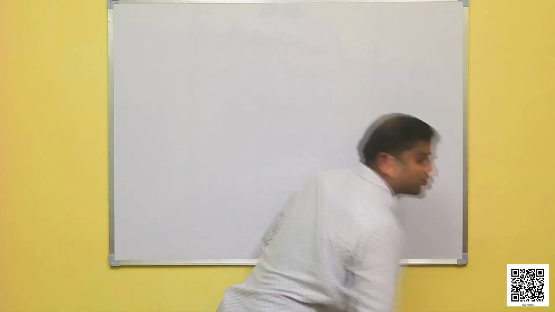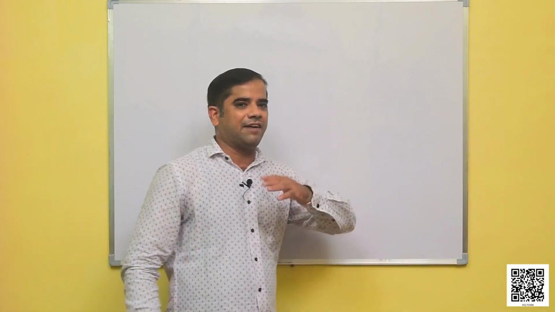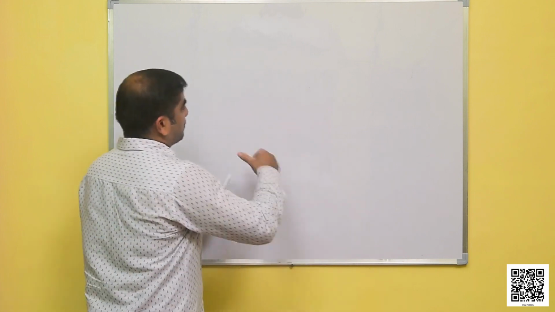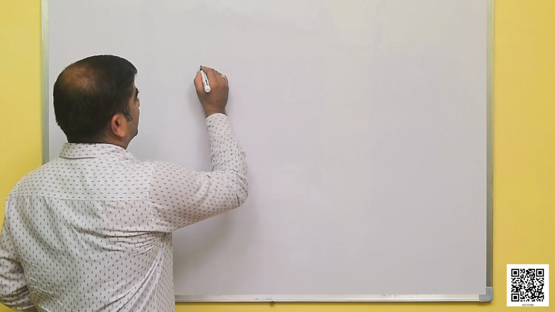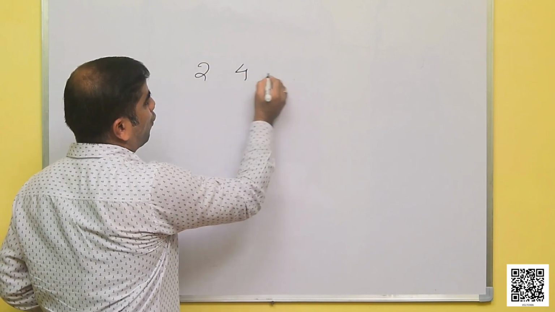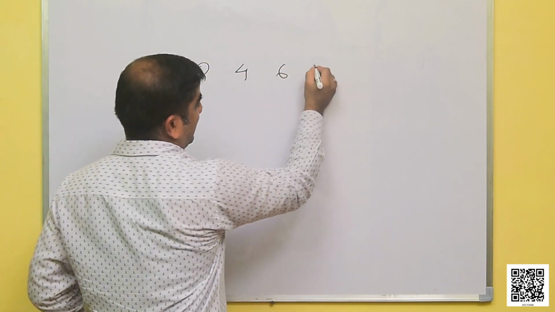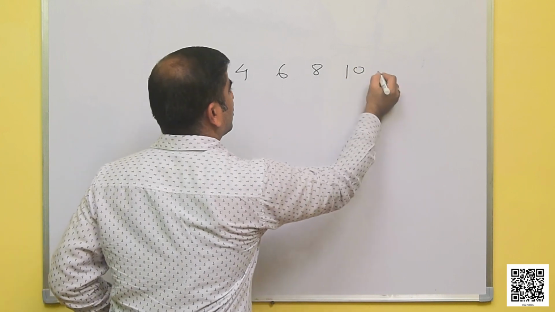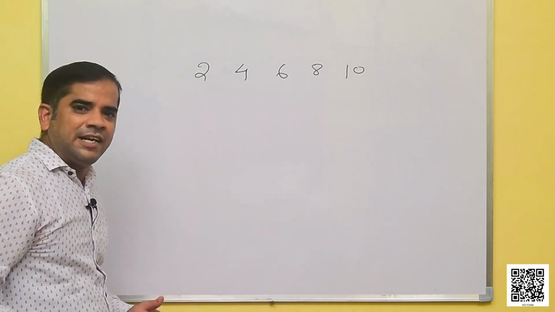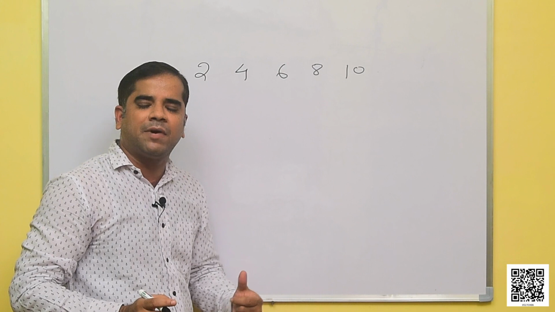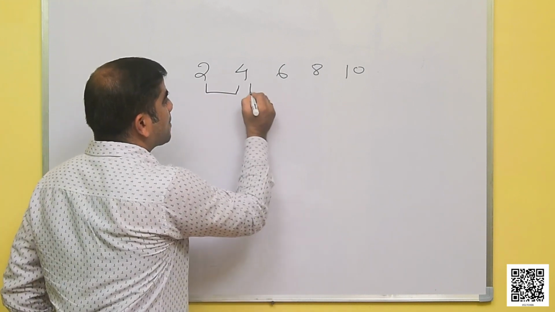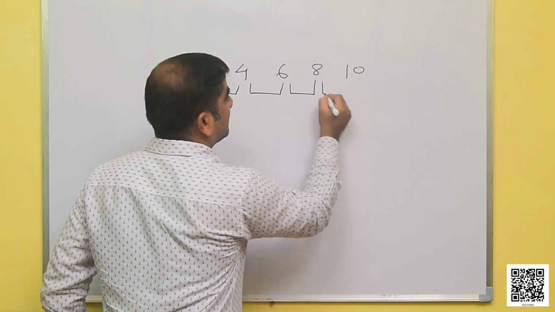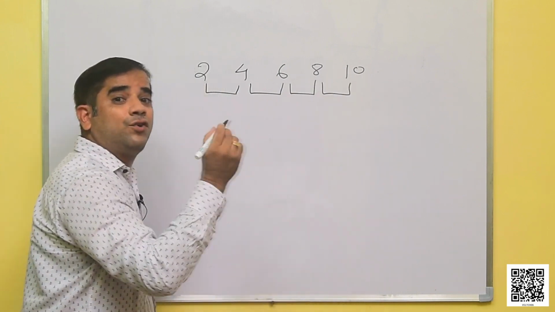So what is happening actually in case of multiples and factors? Let's check. See, I am writing down the multiples of 2 first: 2, 4, 6, 8, 10. Can you find a series? Can you find the relationship between all these numbers? I hope so, because all these numbers are with a difference of 2.